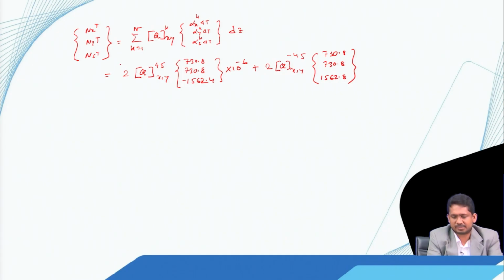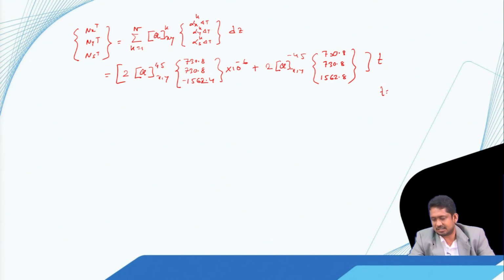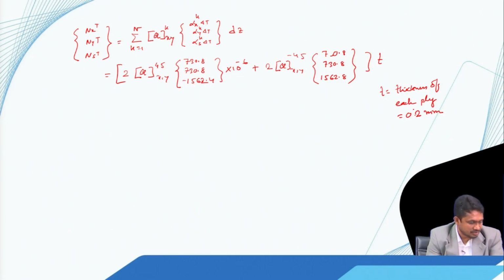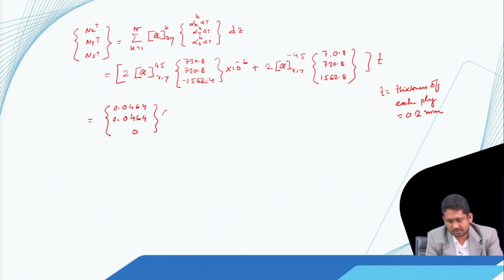So, this entire thing is multiplied by t, t is the thickness of each ply, which is here 0.2 millimeter. After all these things, the value that we get is 0.0464 GPa millimeter.